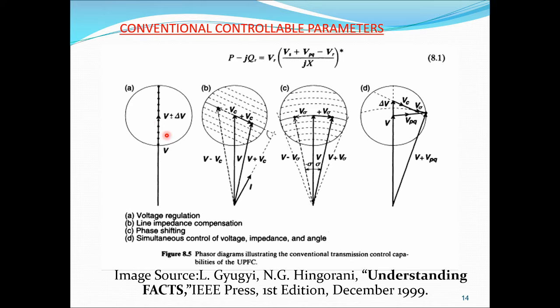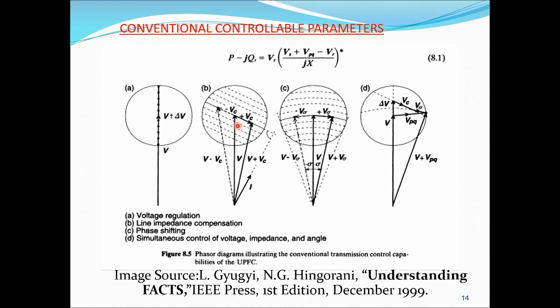Second is line impedance compensation, where I would like to compensate some voltage. The voltage VC leads the current, since it is inductive in nature. Project this current up to this point. Perpendicular to this current, I add some voltage, which is the compensating voltage.